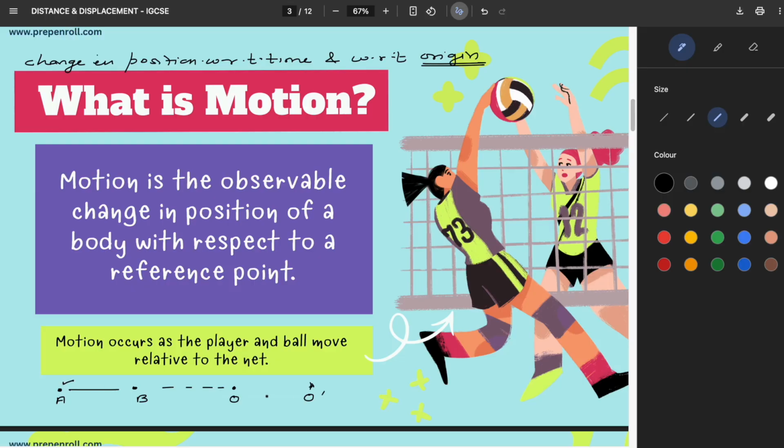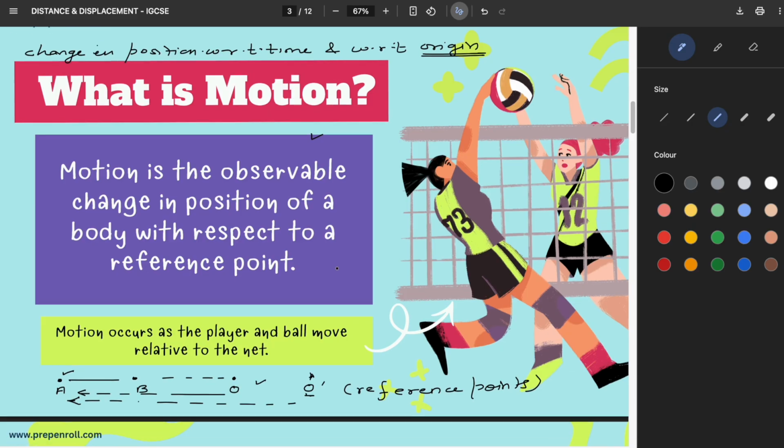So the distance traveled with respect to O and O dash is different. That is taken as your motion, and O and O dash are your reference points. So that is about motion.